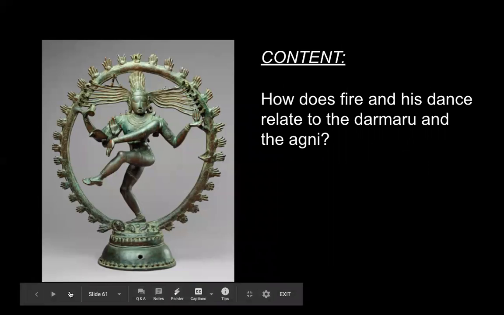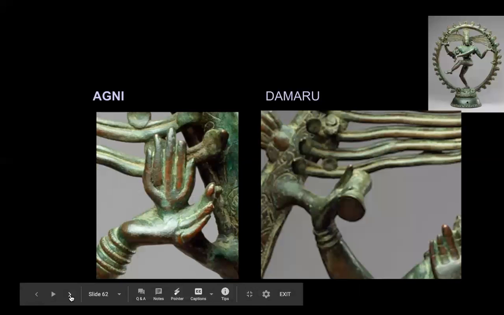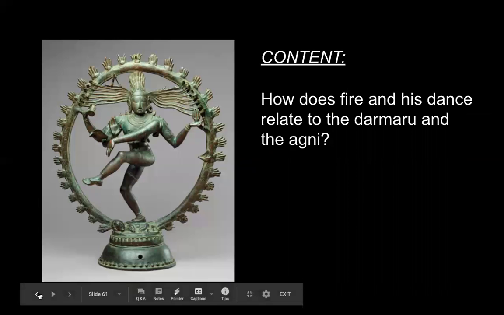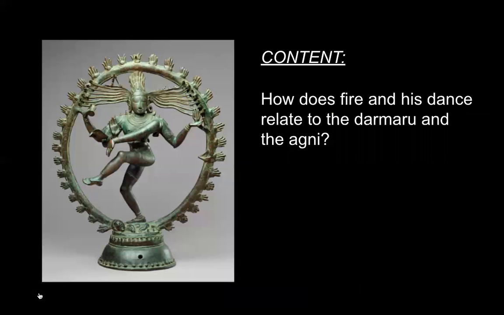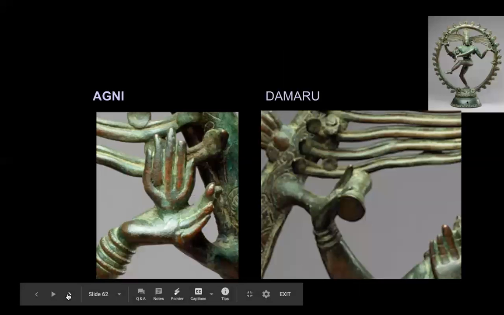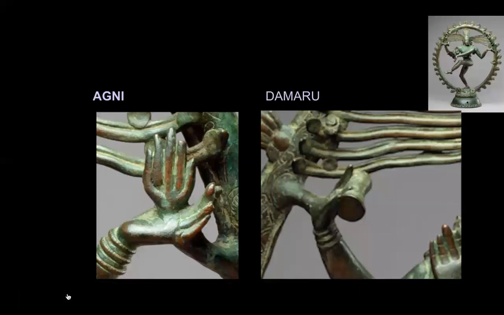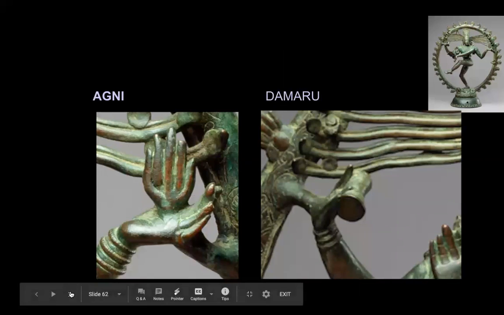And then he also, on the opposite hand, has a fire, right? So he has the Agni, right? And thinking about how this fire and the dance relate to the damaru and the Agni, this idea that his dance is continuing life and destruction, but recreation and birth as we go through.